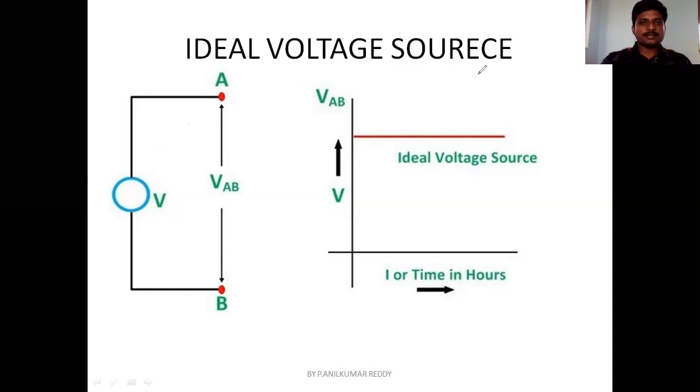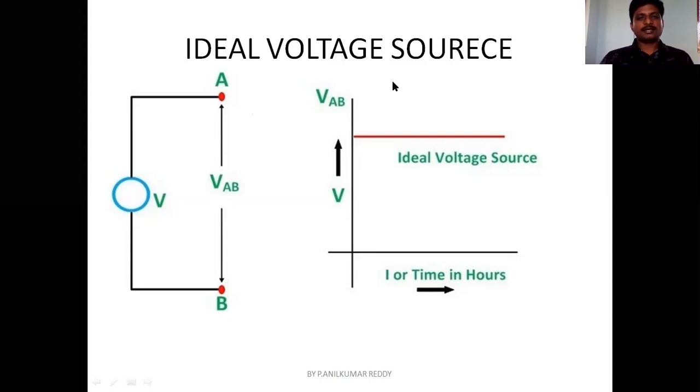That is the reason why we are looking into the ideal voltage source. This is the symbol for the ideal voltage source, and this is the VI characteristic. You have to remember one thing: the internal resistance of an ideal voltage source is 0, which means there is no internal resistance for an ideal voltage source.